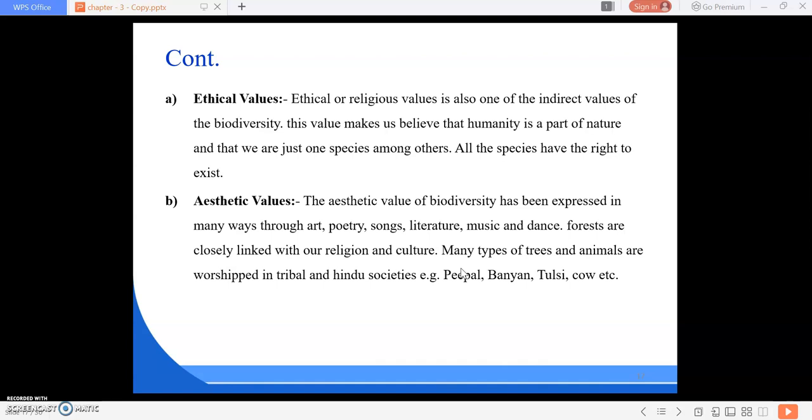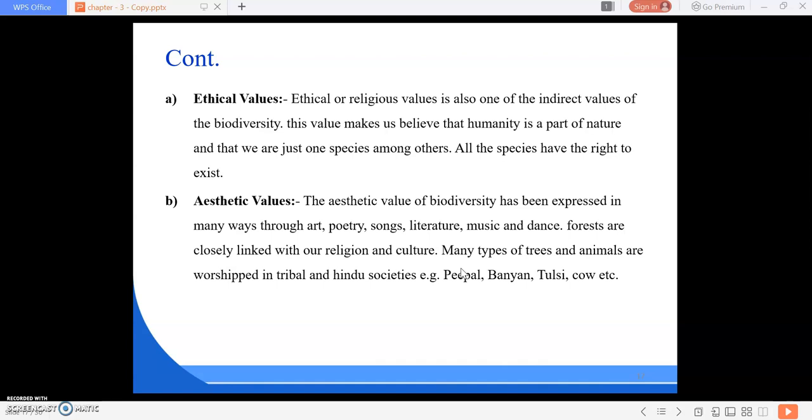Forests are nature's laboratories where scholars study natural sciences. Many types of trees are worshipped in tribal and Hindu societies, that is peepal, bargad, tulsi, etc. Some animals like the cow are worshipped by Hindus all over India. Many birds, colorful butterflies, and mammals have great aesthetic value for human beings.